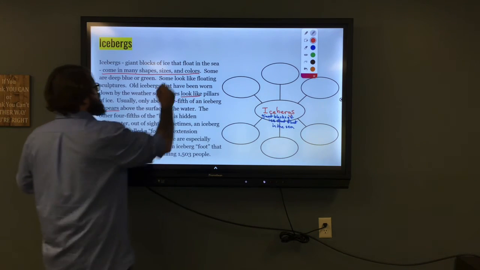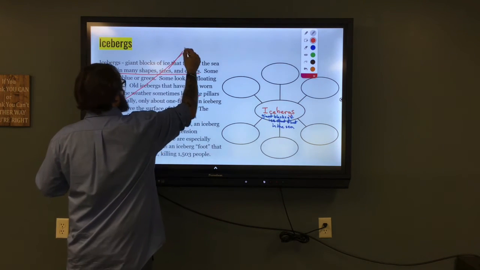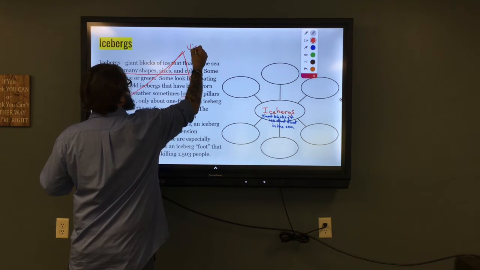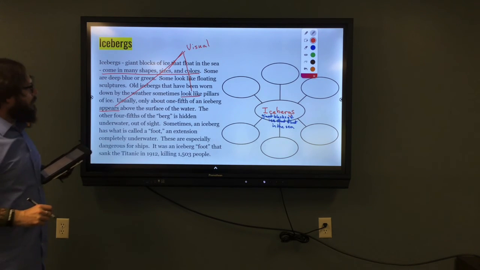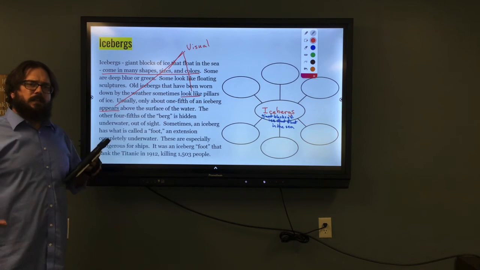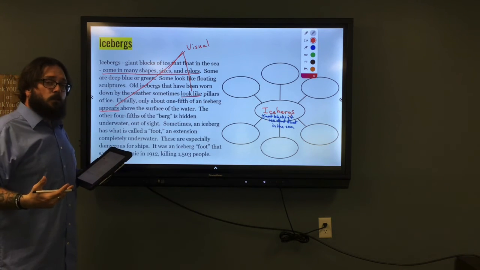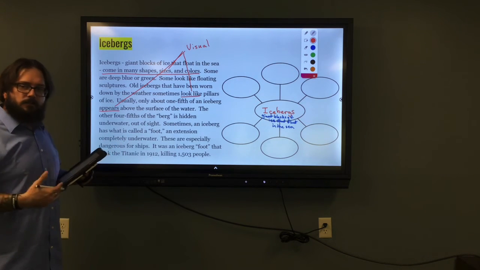So all of these are all dealing with visual details. So we start to get this mental image, if we've never seen one before, of what an iceberg actually looks like.